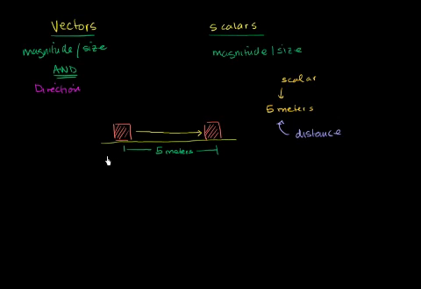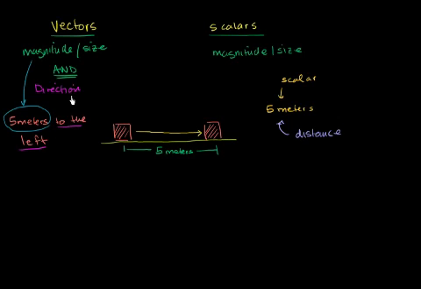If you want to specify that, we could say that this brick moved 5 meters to the left. Now we have specified a magnitude, and we have specified a direction.